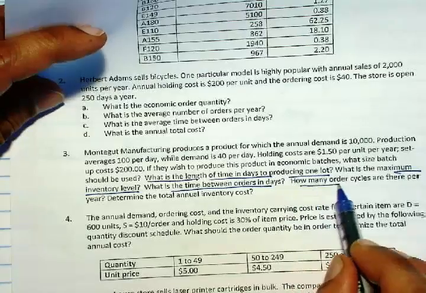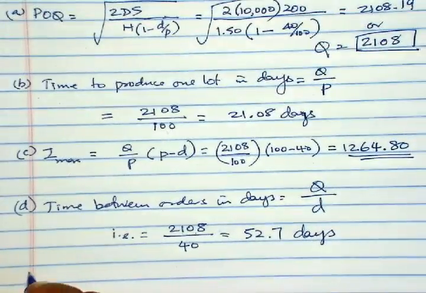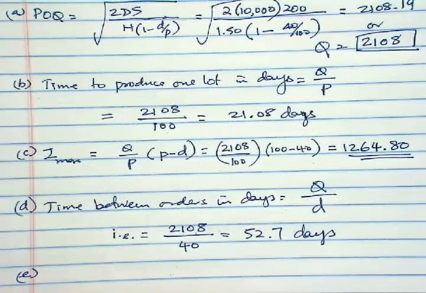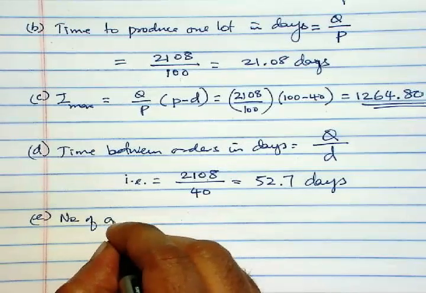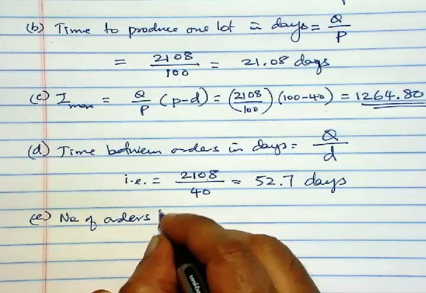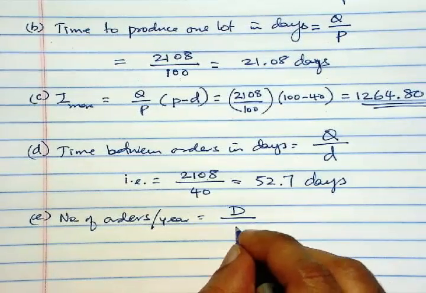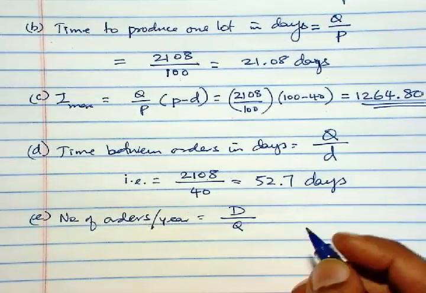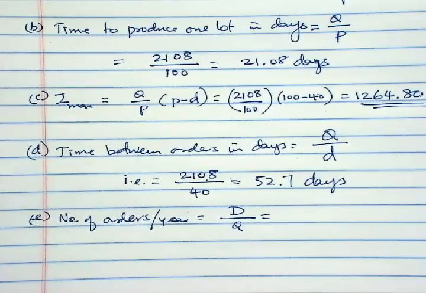Okay, so what is the time between orders? We've done that. How many order cycles are there per year? So the number of times you have to place orders. So number of order cycles or number of orders per year is you take the annual demand and you're going to order Q at a time. So that will tell us how many times we have to order in 1 year.